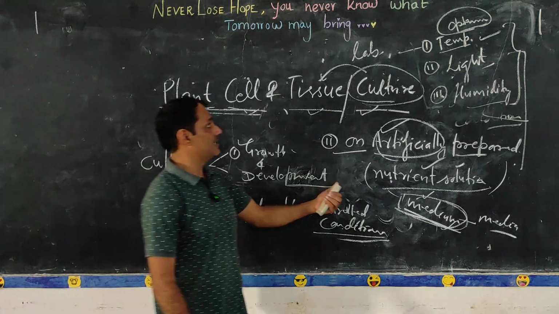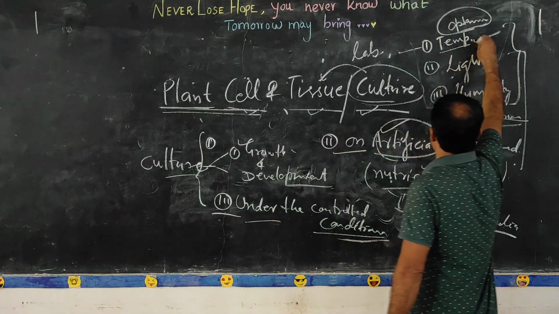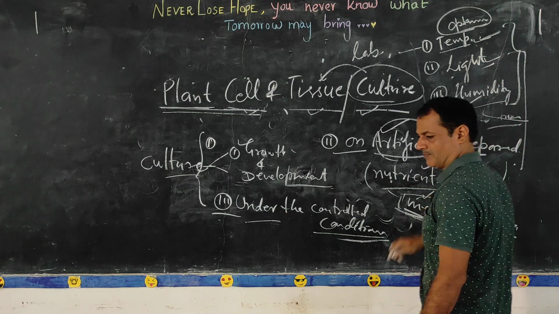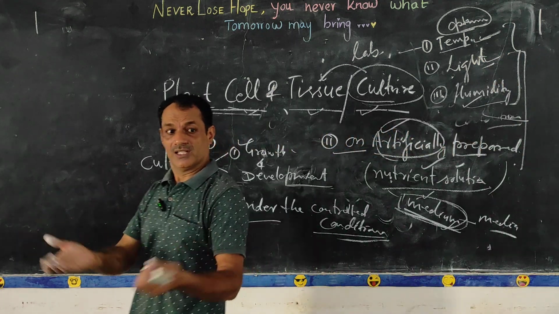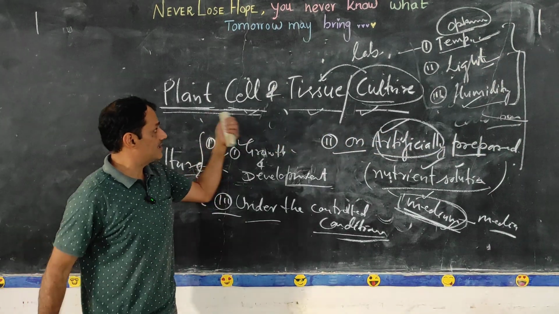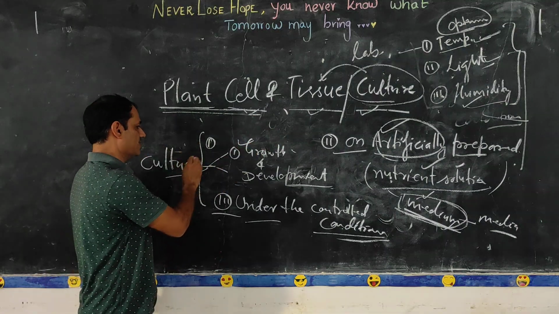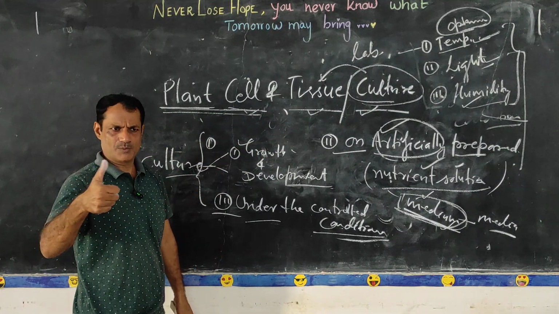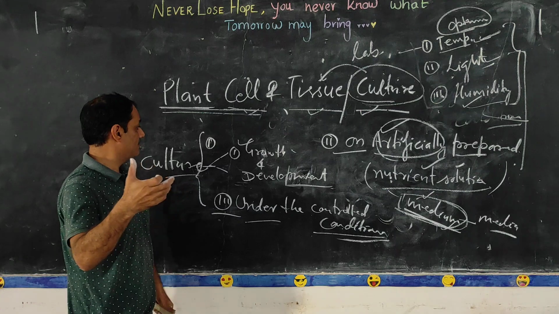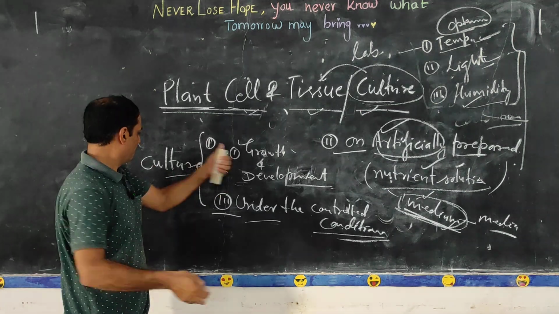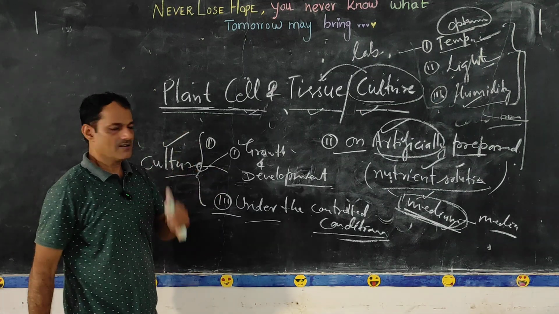Controlled conditions mean optimum temperature, optimum light and optimum humidity. If we provide these, the plant cells and tissues will grow very fast, meaning better, proper growth in minimum time period, with maximum growth possible. That is called culture.